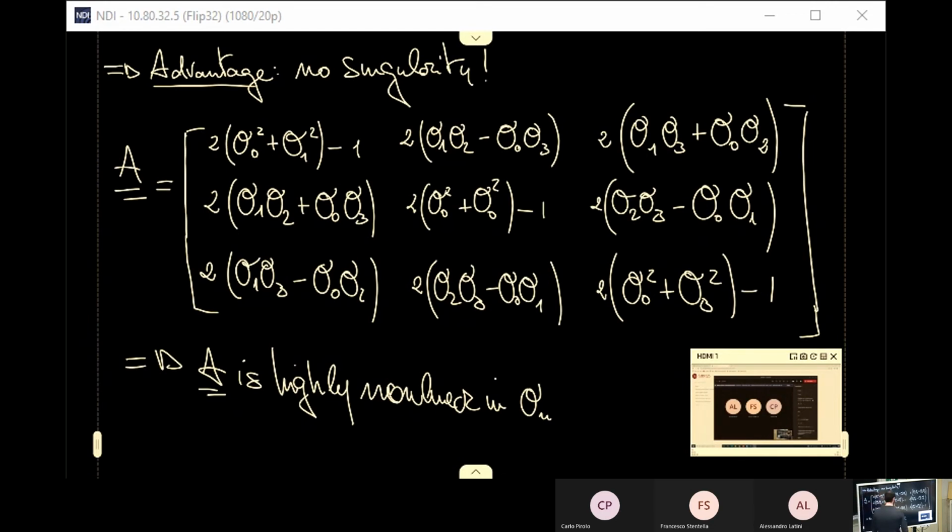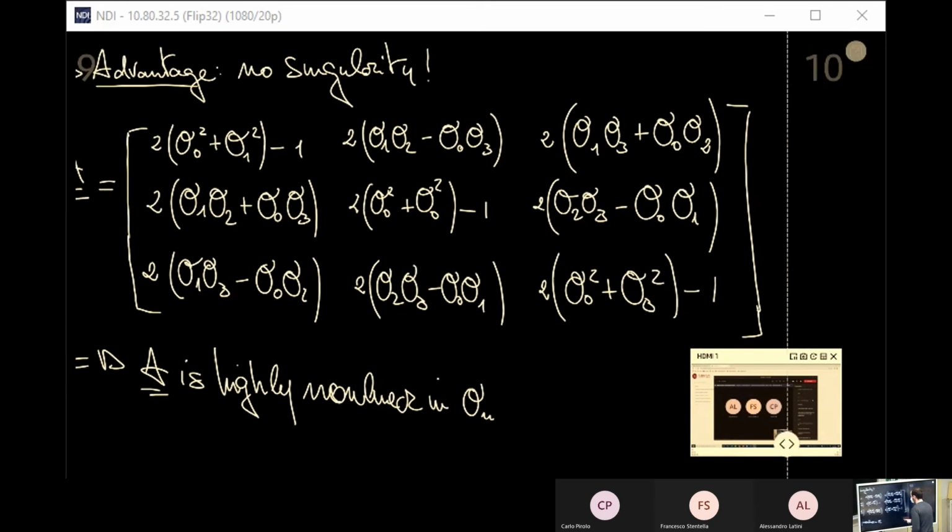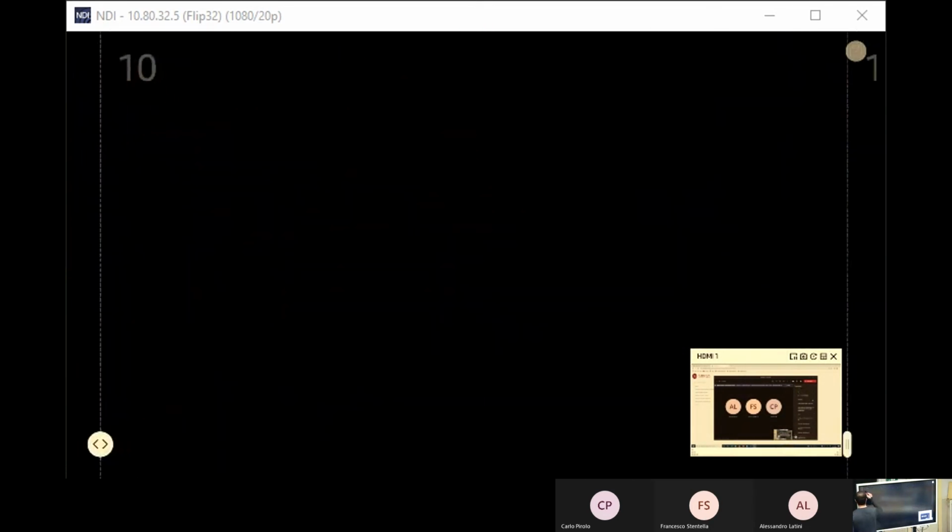Last thing, and then you're free to go, is that we can rewrite A as a product between two matrices, which we will use later on. And these matrices are the following.